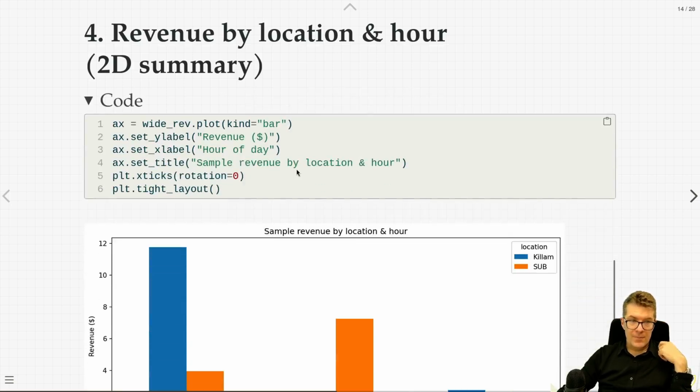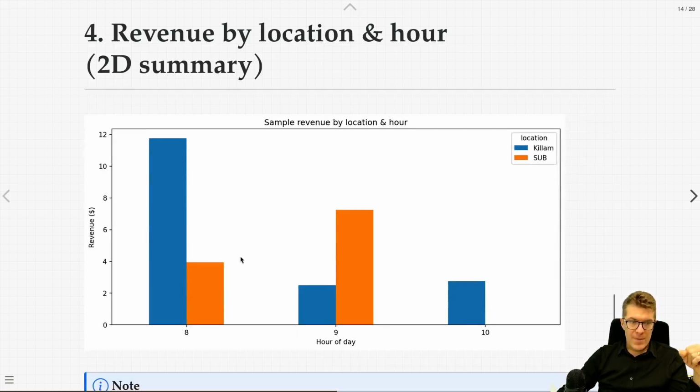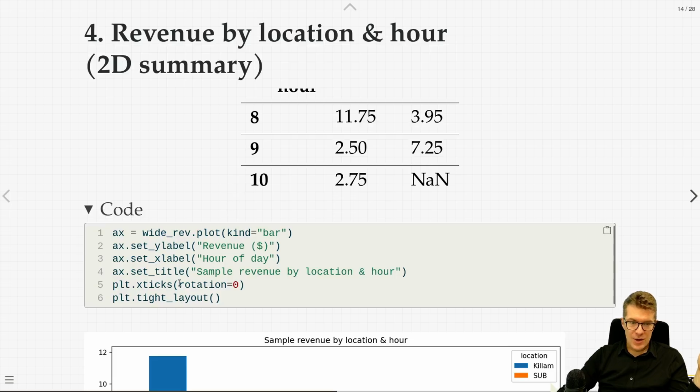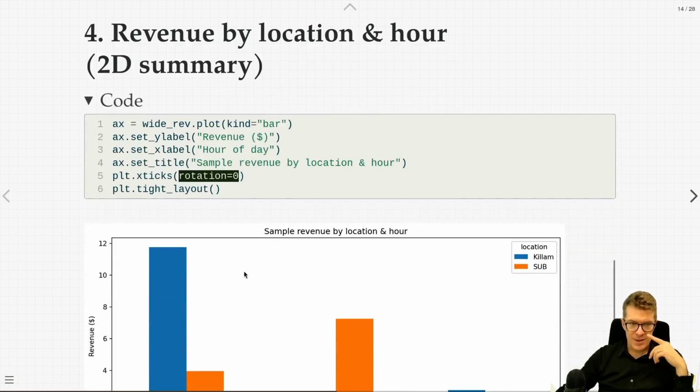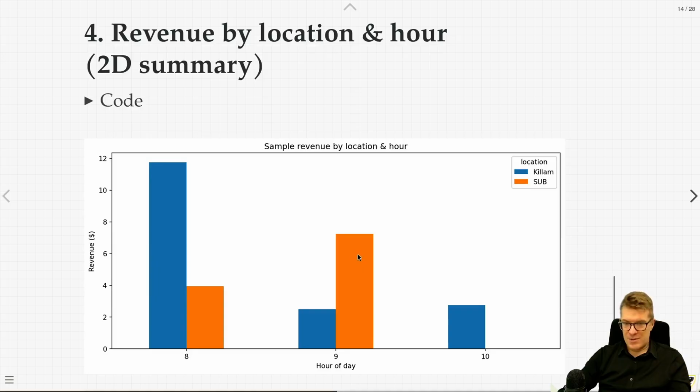The title is revenue by location, and everything's broken down by location. X ticks, I didn't need to do rotation 0, but you're going to see rotation later of different types. This is just a visual thing. And then tight layout just basically is a communication to the plot to arrange things in a tight fashion. And then the result of all of this is this graph you see over here.